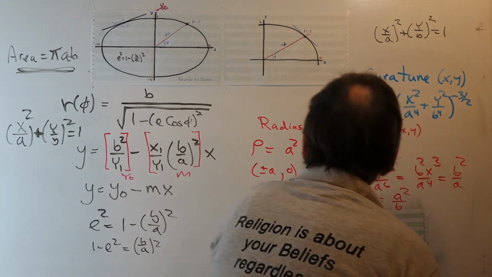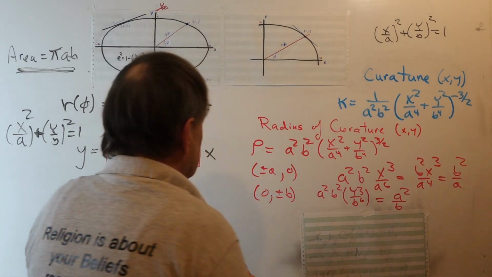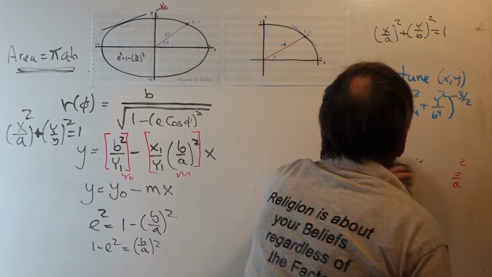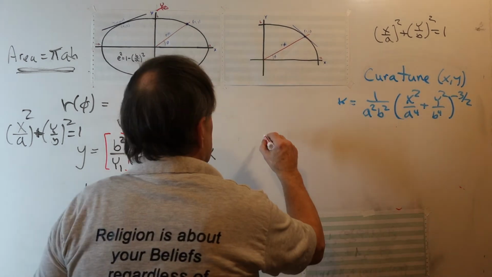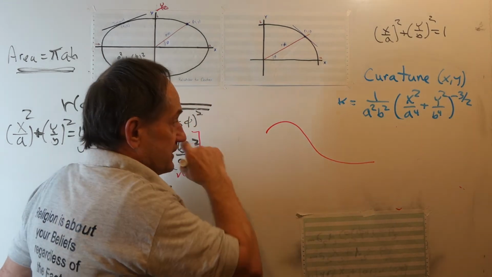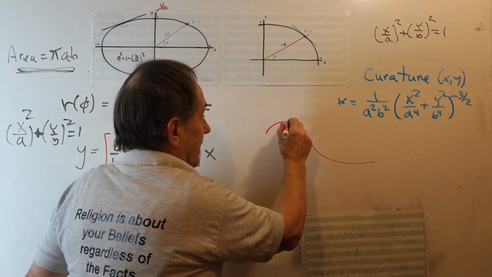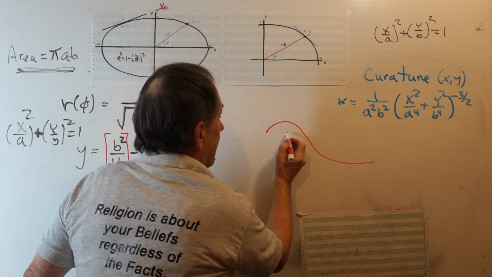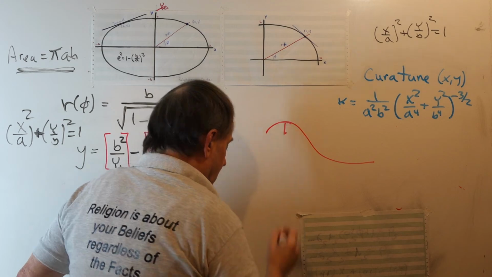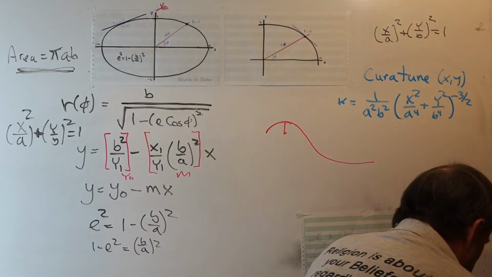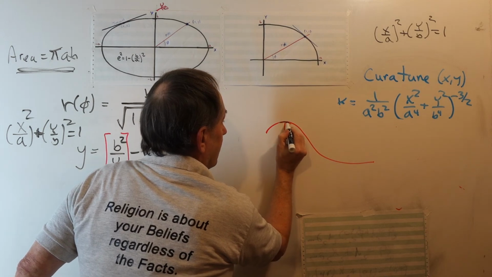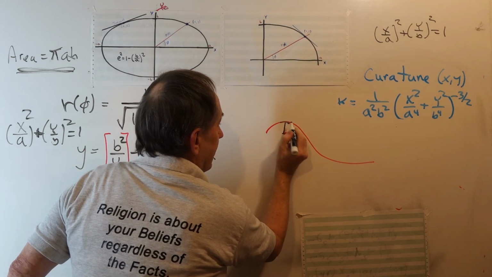Now, what radius of curvature is: if you have a curve, say like this, the radius of curvature at any point on the curve is described, over a small length, by the best fit circle at some radius to fit that curve.